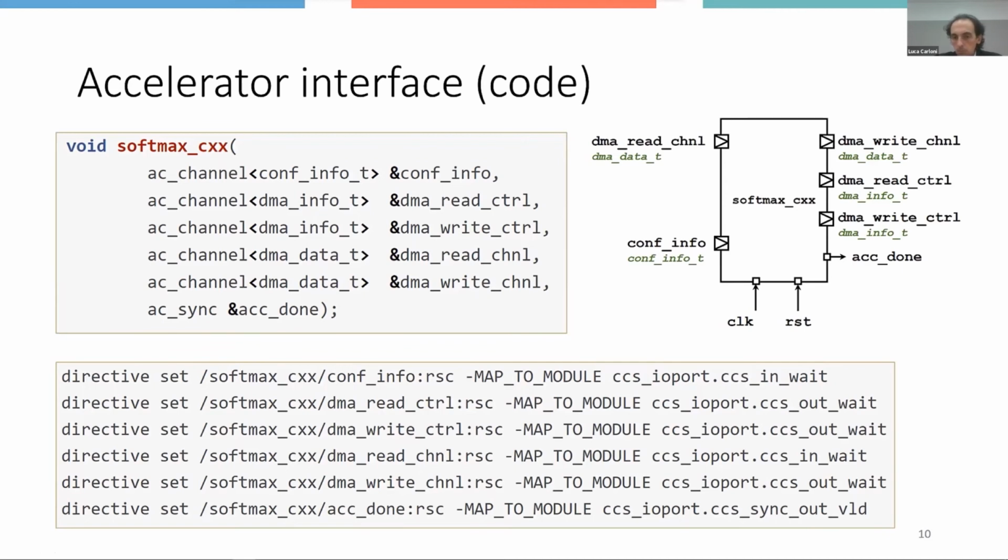And indeed, when Catapult HLS synthesizes the interface, it will add the proper handshake signals to the RTL netlist. The ac_sync channel is a synchronization channel from Catapult HLS, and it offers the possibility to specify a standalone handshaking.